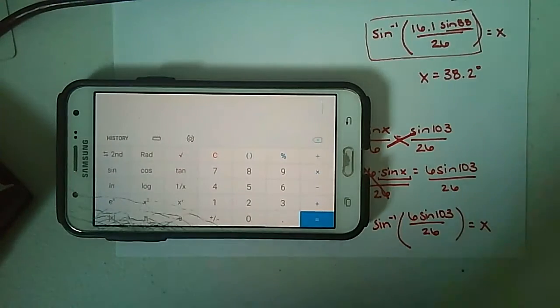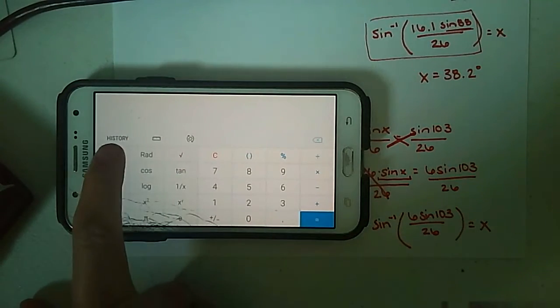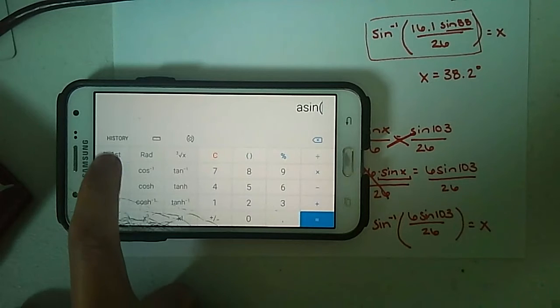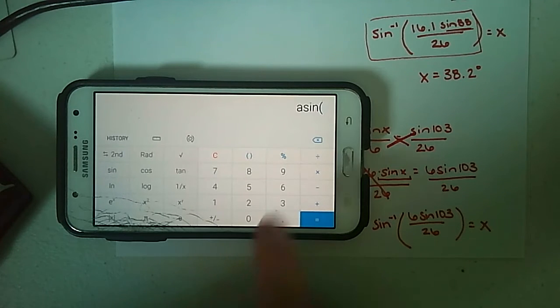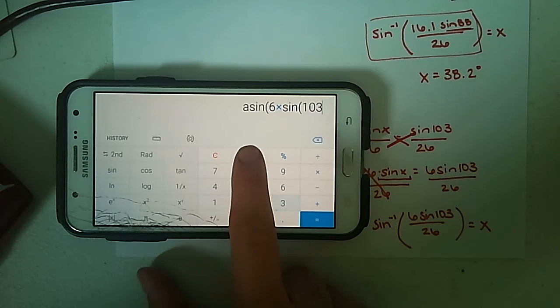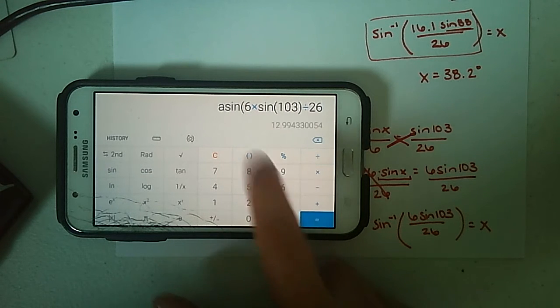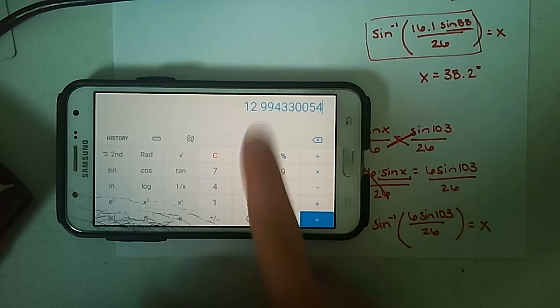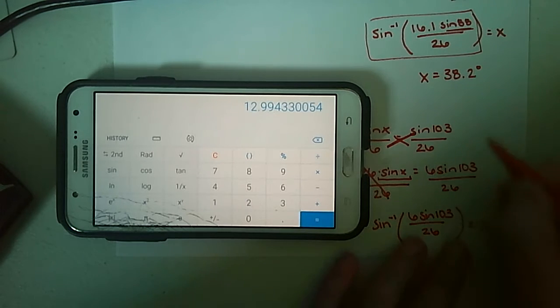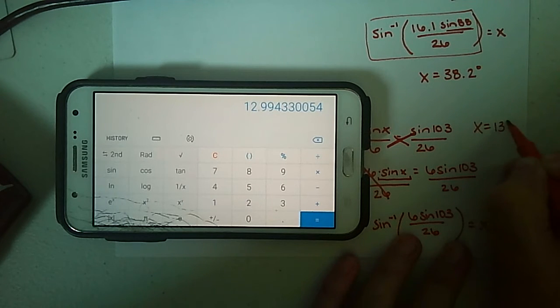So first thing, I need that sine of -1. Remember, I have to hit second to get that first. And then 6 times the regular old sine of 103. Close my parenthesis and divide that by 26. And it looks like I'm going to get 13 for my angle if I round up.